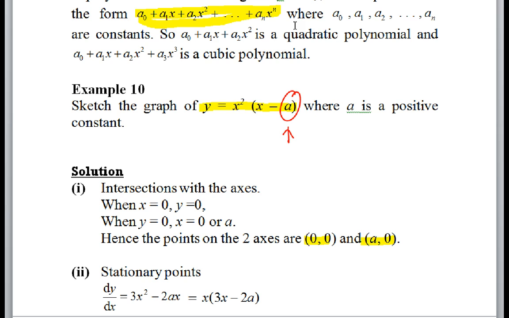What you can use GC to do is to get the shape of the graph. Shape only. Don't you ever try to get the intercepts and stationary point. Just shape. Then you ask me, what do you substitute for A? A is a positive constant. Just substitute anything. Doesn't matter. Let's try.